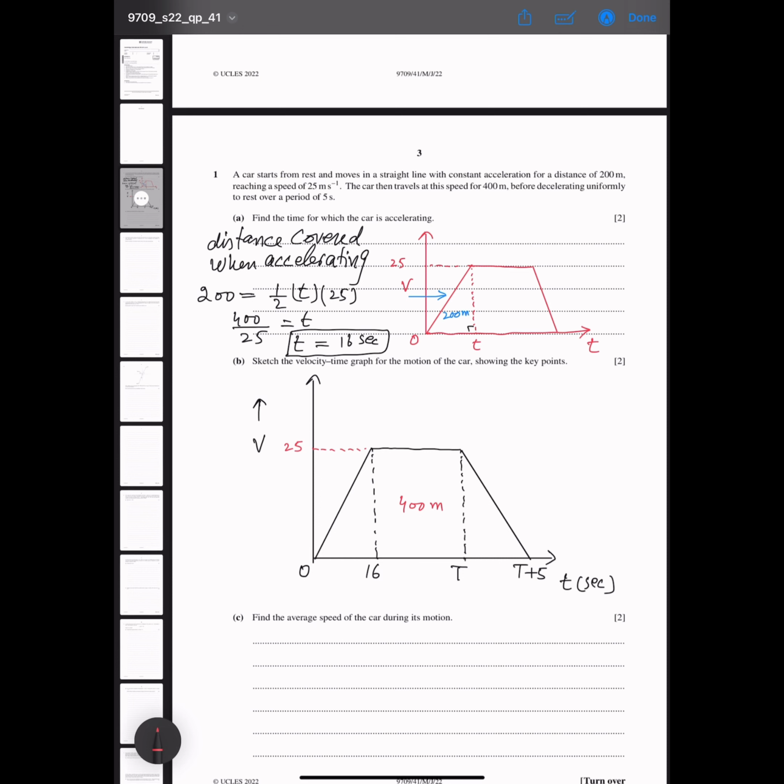Area of rectangle will be, from here we will find the value of capital T. Area of this rectangle will be T minus 16 into 25 is equal to 400. From here T minus 16 is equal to 400 over 25.